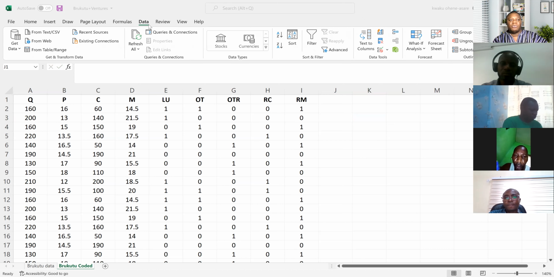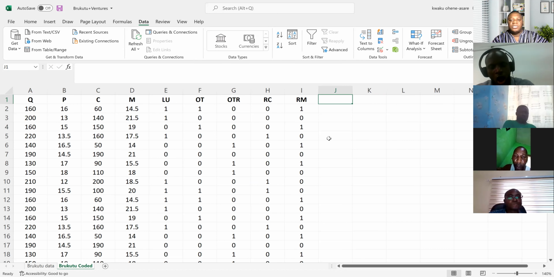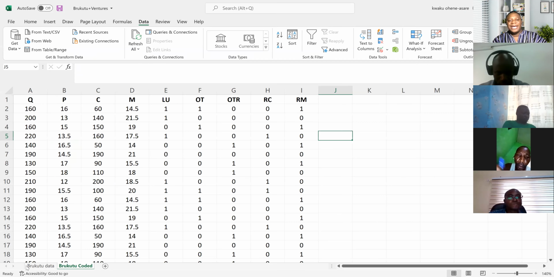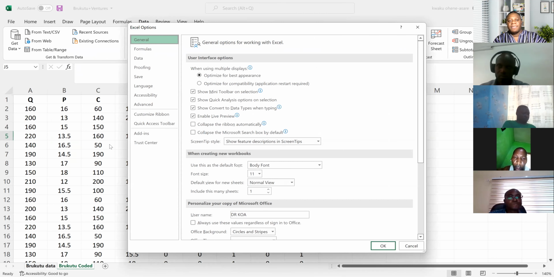Okay. Mine is not showing there. So if it is not showing, normally what it means is that if you don't see yours there, go to File, and then in the tab that will show, go to Options or Excel Options. Then when you open that, look for add-ins.